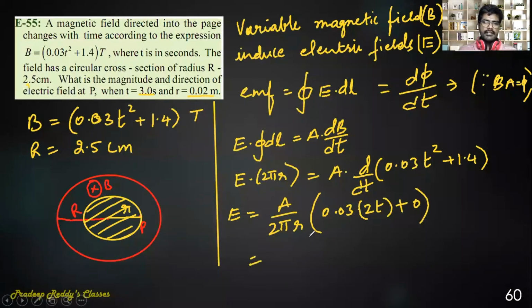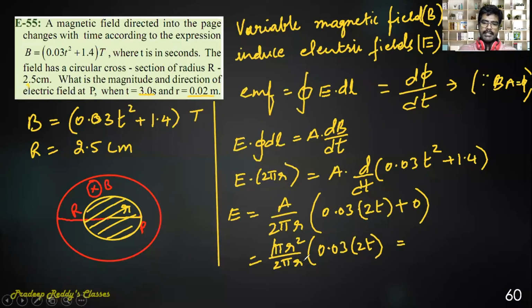What is the area of cross section given? It is not mentioned here, so you can take it as pi r square. Pi r square divided by 2 pi r into 0.03 into 2t.